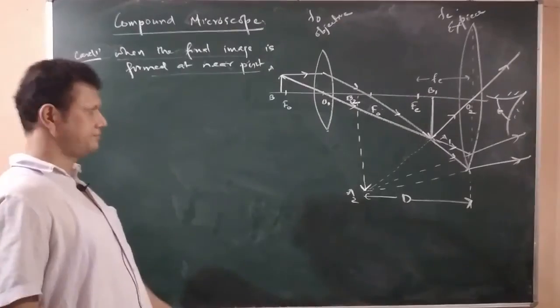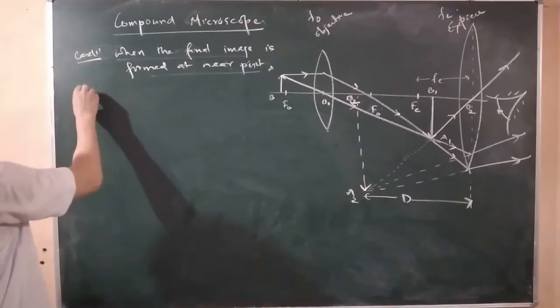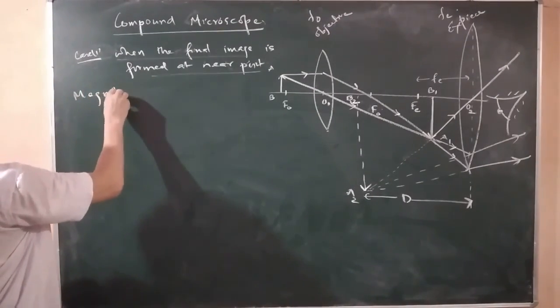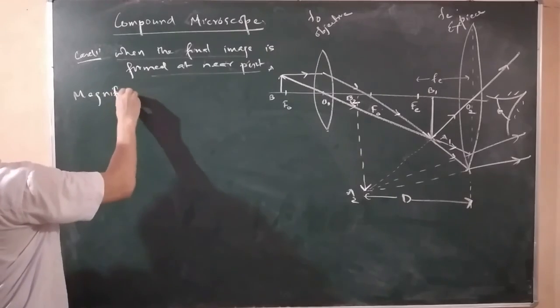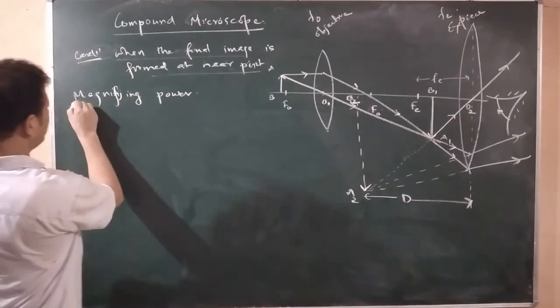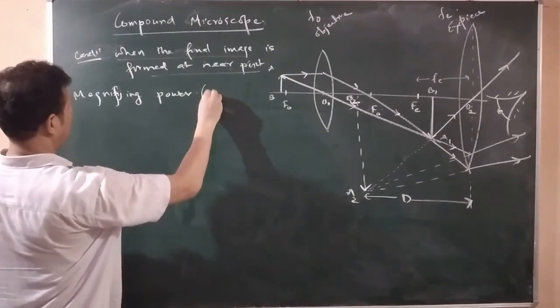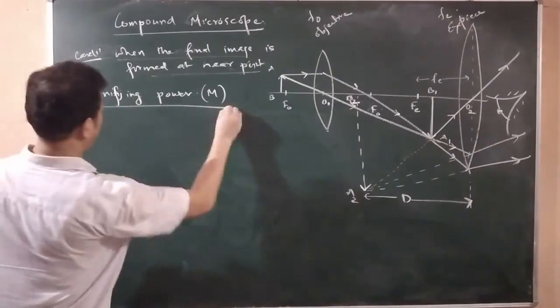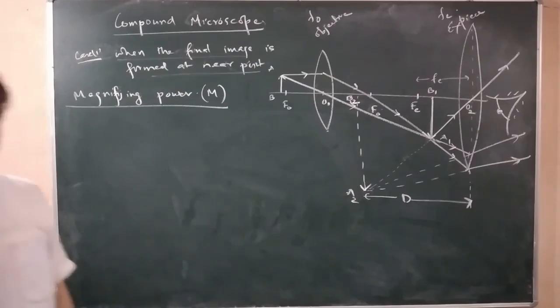magnifying power. So magnifying power formula to কি আছিল? Magnifying power, আমি ইয়াত m লিখিব পাৰো, small m বা capital M লিখে.